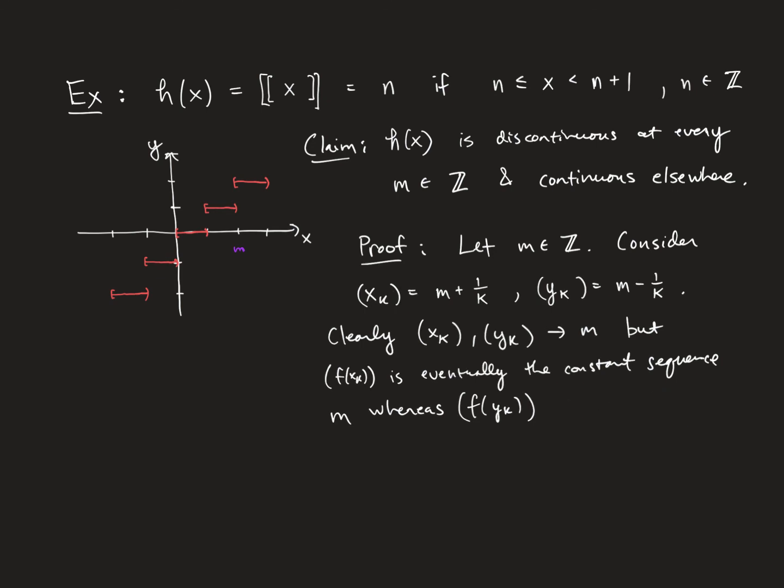So the thing is with the x, the first, k equals 1, the value of the function is actually m plus 1, and then it drops down to m. But with y sub k, the first k, you get m minus 1, and then everything thereafter, you're strictly between m minus 1 and m, and so the value of the function is m minus 1 always, whereas this is the constant sequence.